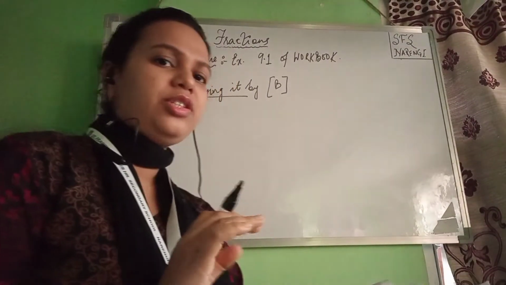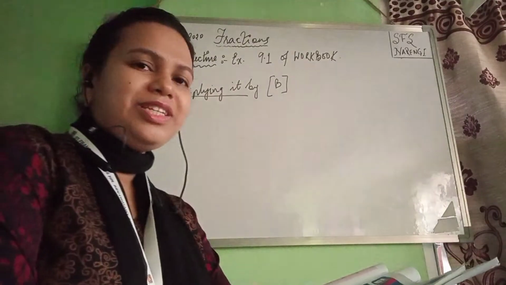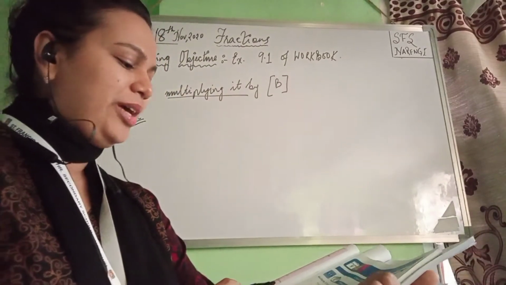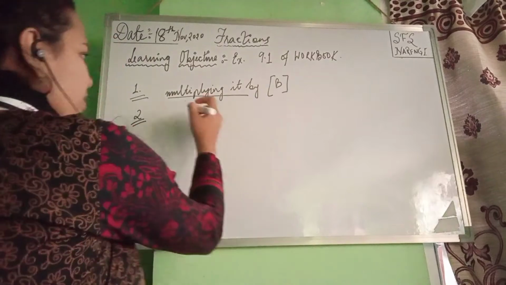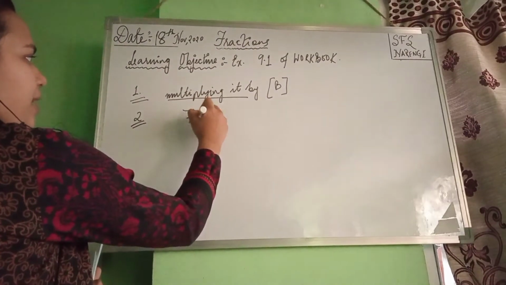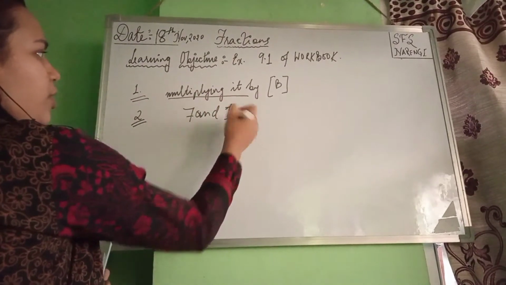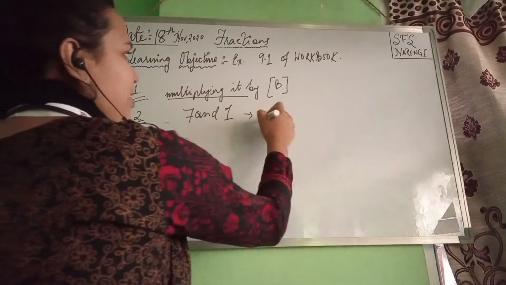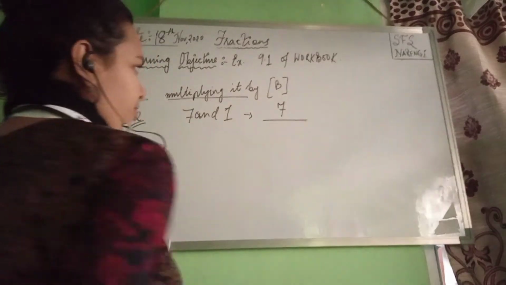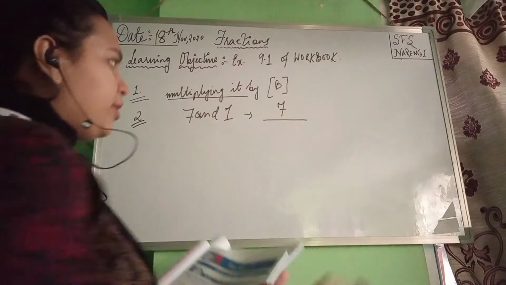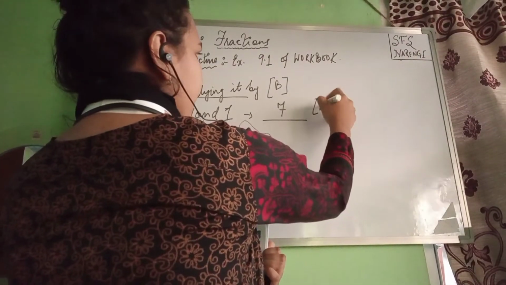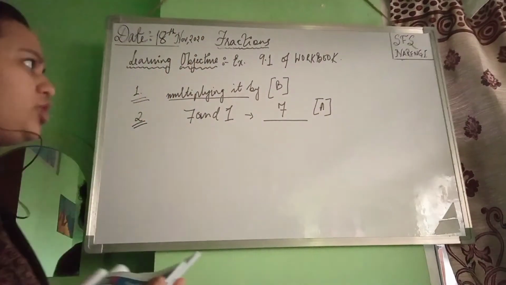It is already given in your next question. So the factors of 7 and 1, they have only one factor, and that factor is 7 itself. So that will be your option A.